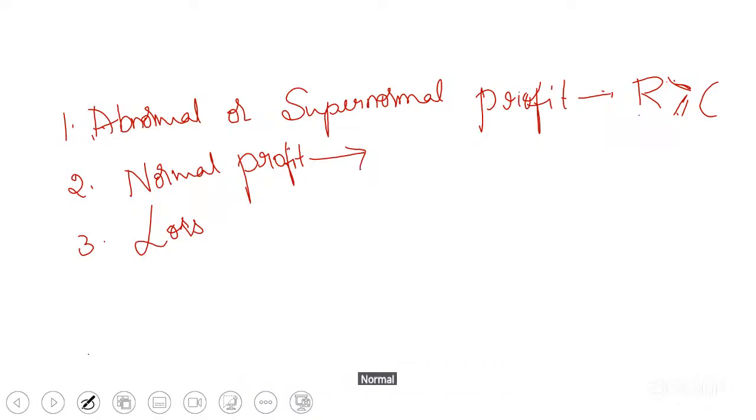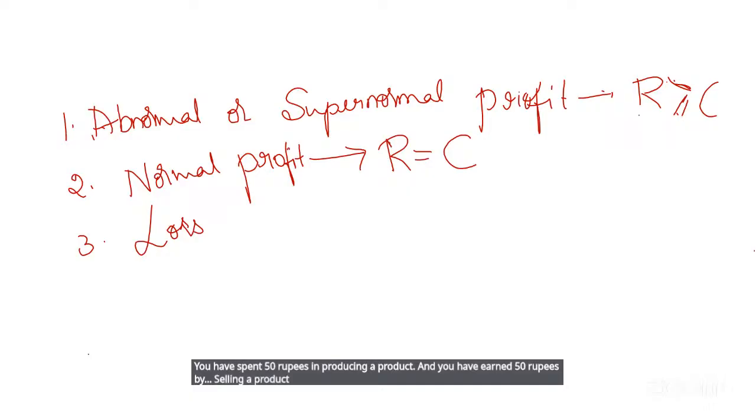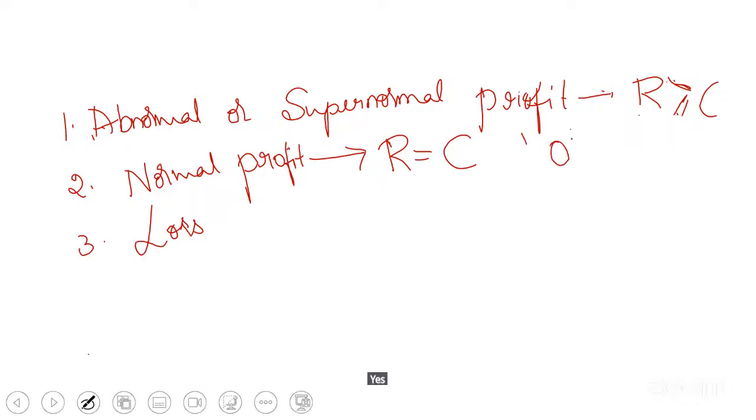Normal profit is, when revenue is equal to cost. You have spent 50 rupees in producing a product and you have earned 50 rupees by selling it. So what is your profit? Zero. Zero profit level is known as normal profit.